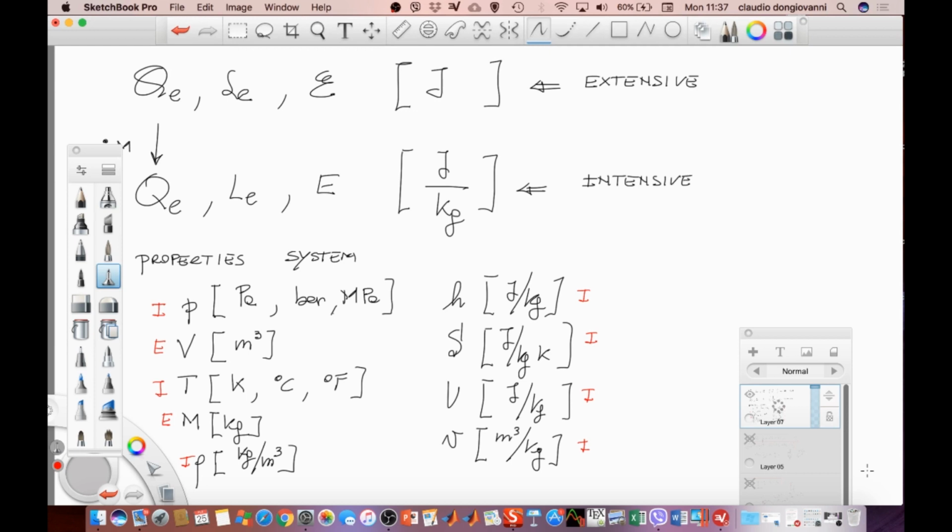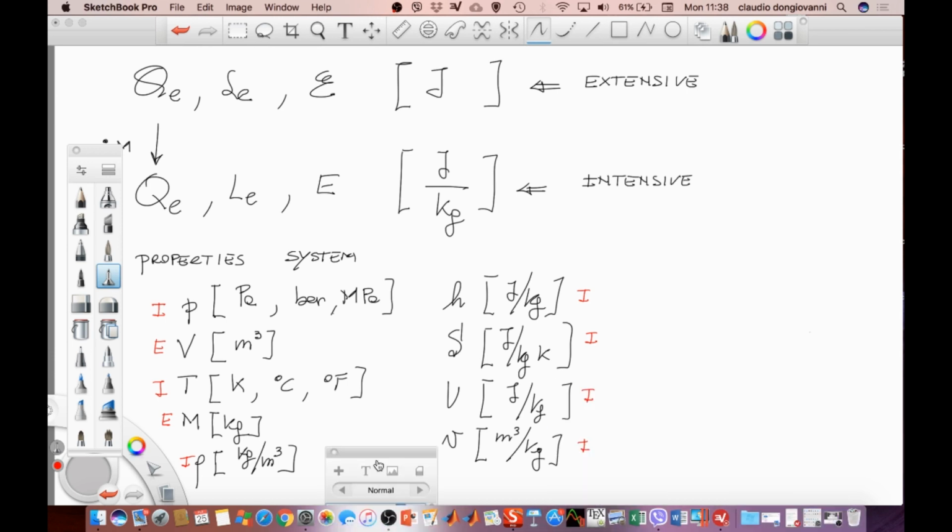And there is another, very, very important thing. In order to define the state of your system, what is a state? When we say we would like to define the thermodynamic state of that system, it means that in that system all properties are defined with only one value.